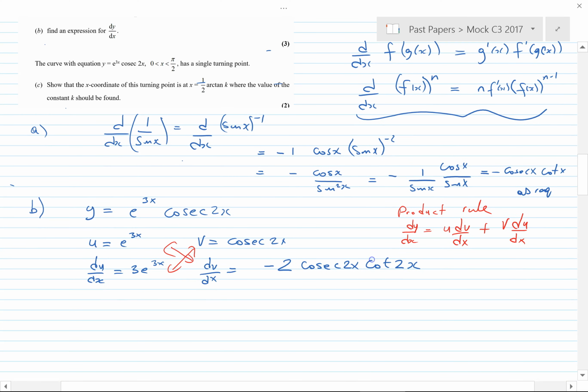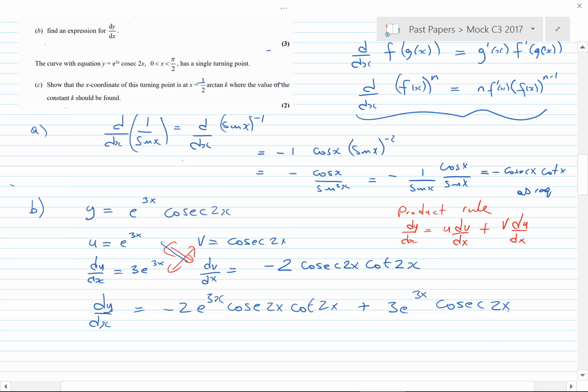So that gives us dy by dx is equal to minus 2, I'm just doing this bit now, e to the 3x times cosec 2x cot 2x, and then I've got plus 3e to the 3x cosec 2x.